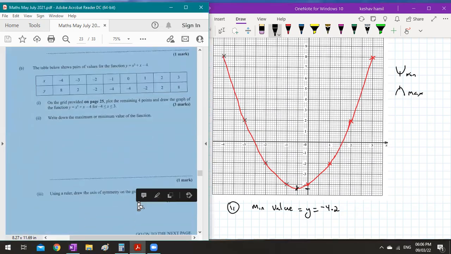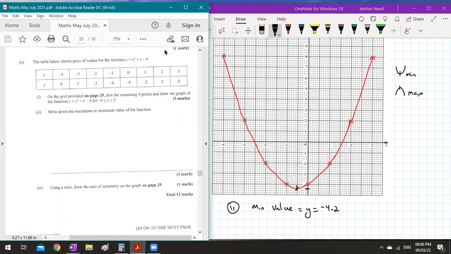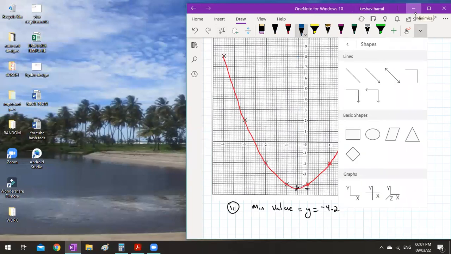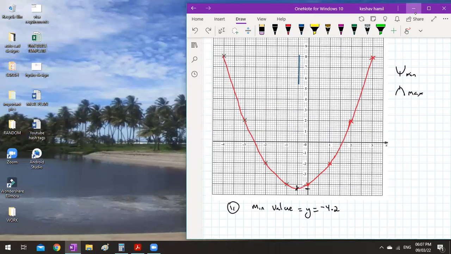Using a ruler, draw the axis of symmetry. Now your axis of symmetry would be a vertical line going this way, through the turning point. Oh, boy, that's way off.